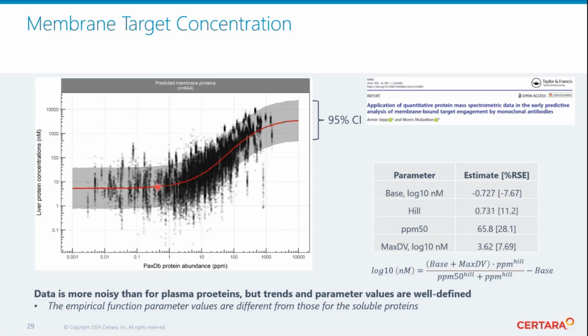Again, we were able to build an empirical correlation between known absolute concentrations and measured relative concentrations. So for any protein in this PAX-DB database, we can get a reasonably good idea what its tissue concentrations are.